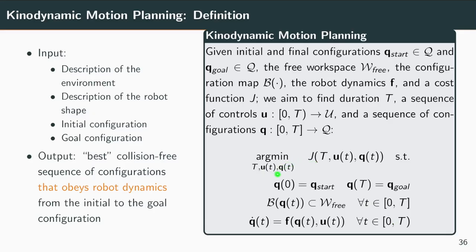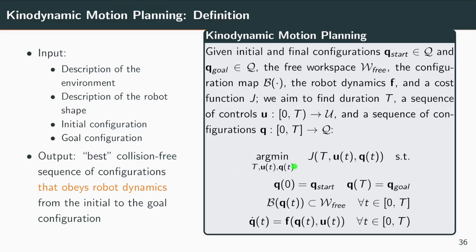So now we don't only want our sequence of configurations, but we also want a sequence of actions. So how do we get the robot to move from the start to the goal? And actually what's sometimes the most difficult is that we want to know the time horizon. So we don't want to say, oh, in 10 seconds I will be at the goal, but maybe I want to be at the goal as fast as possible, which means that the time horizon, T, needs to be a decision variable as well, and an output of our algorithm.